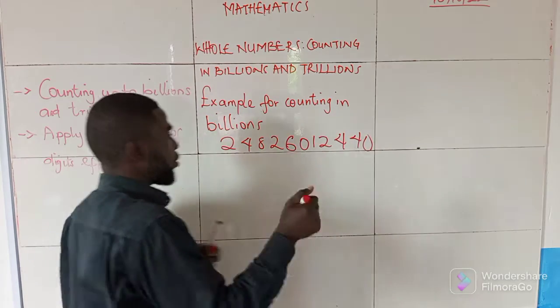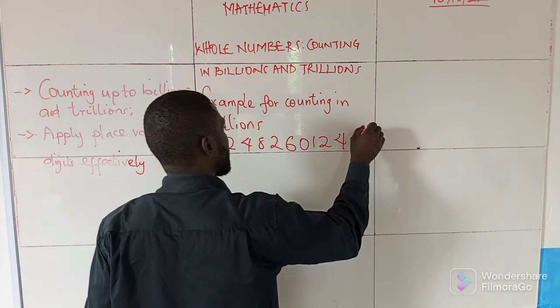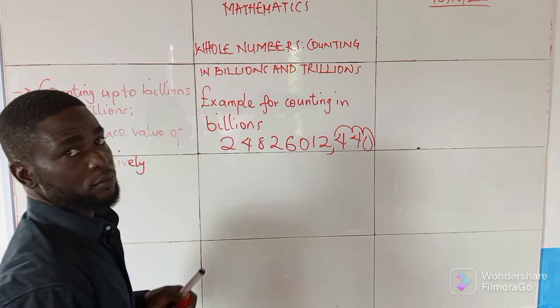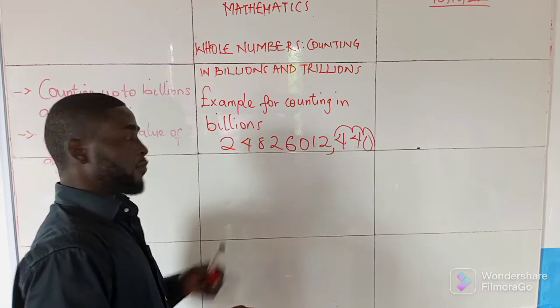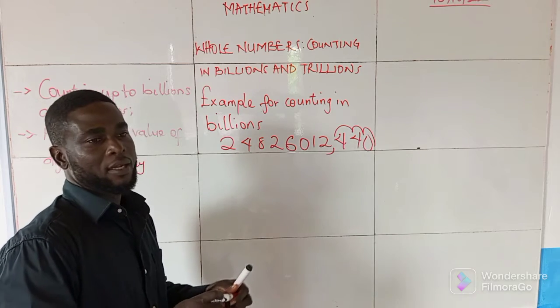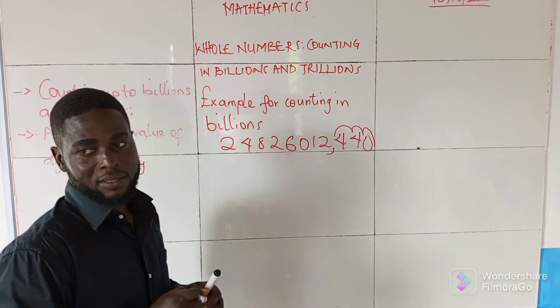So let's go. The first 3: 1, 2, 3, and you separate with a comma. Very important. If you do not separate with a comma, the number is basically meaningless.